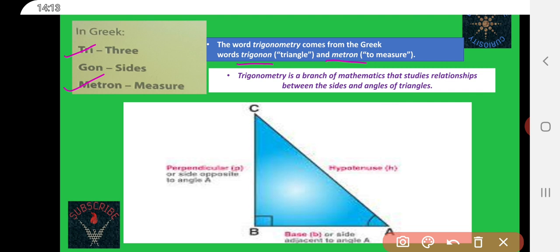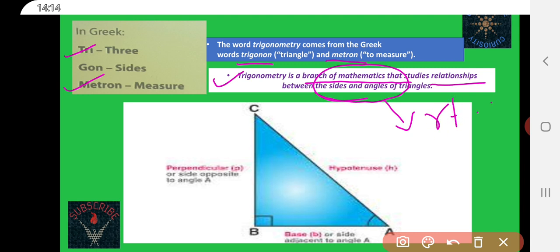Trigonometry is a branch of mathematics that studies the relationship between sides and angles of a triangle. Remember it, in a right angle triangle.